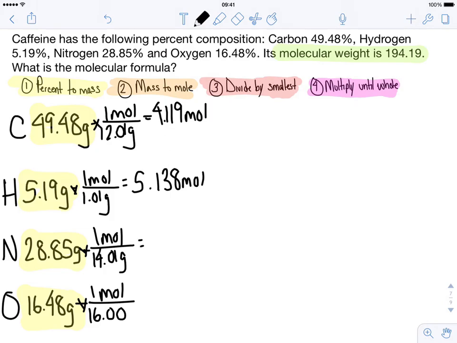For nitrogen, I get 2.059 moles. And for oxygen, I get 1.03 exactly moles. Okay, so this is step 2, converting the masses to moles.